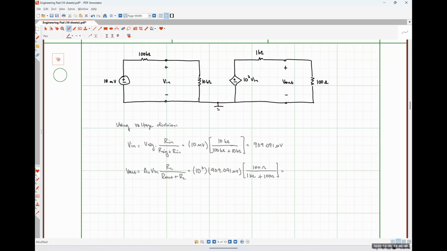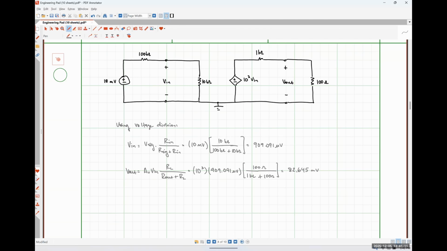And I got this to be 82.645 millivolts. So my output signal is now larger than my input signal. So that's fantastic. So I believe I've supplied a lot more power to my load.